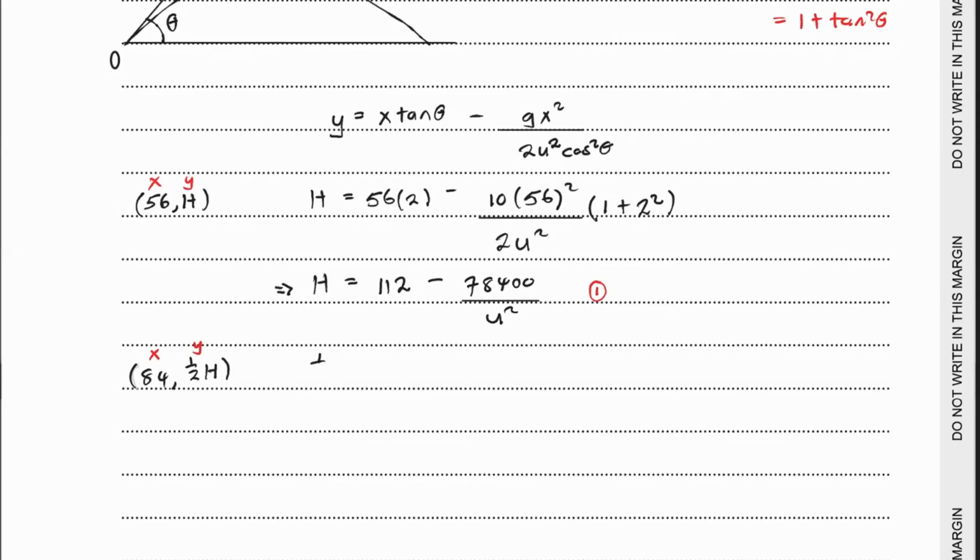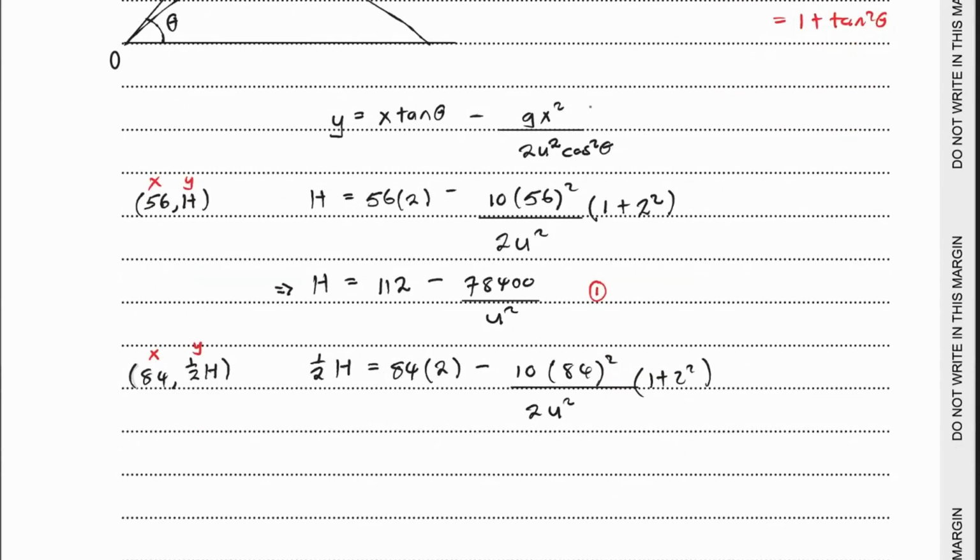So half h is equal to 84 times tan theta, which we said was 2, minus g, which is 10, times x squared, which is 84 squared, over 2u squared, since u is what we're looking for, times 1 plus 2 squared. Remember, we're using 1 plus tan squared theta here.